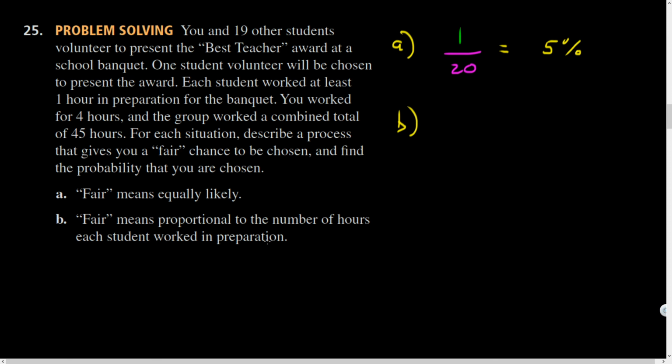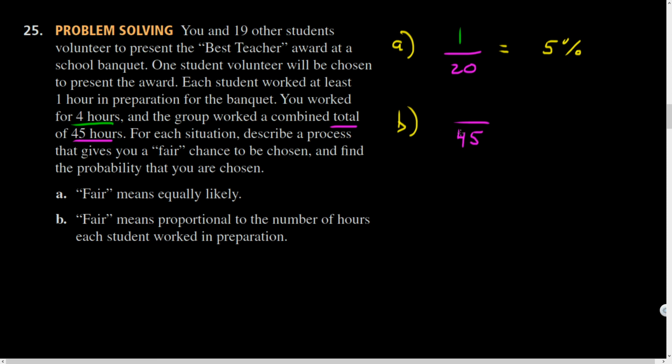What about fair meaning proportional to the number of hours each student worked in preparation? And so what's the total number of hours that people worked? So a total of 45 hours instead of students. And how many hours did you work? Well, you worked 4. So instead of comparing it to the number of students, you're looking at the number of hours worked. You'd have 45 pieces of paper placed into a hat or something like that.